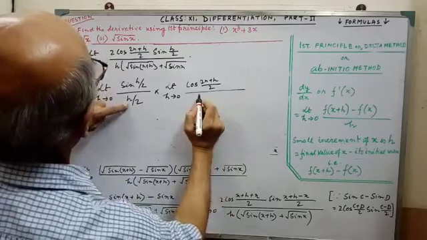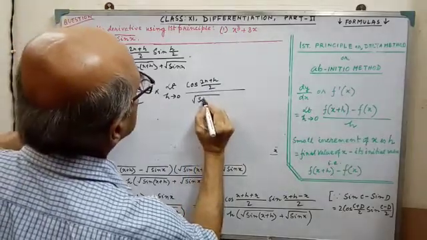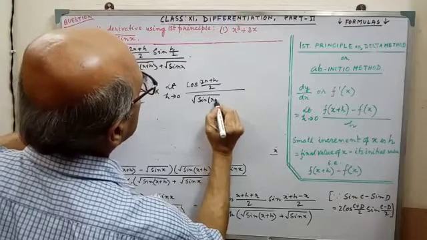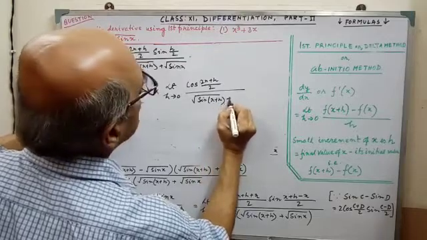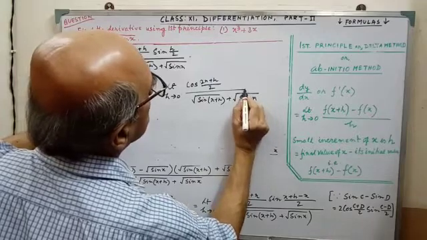The h is coming here, so here will be root over sine x plus h plus root over sine x.